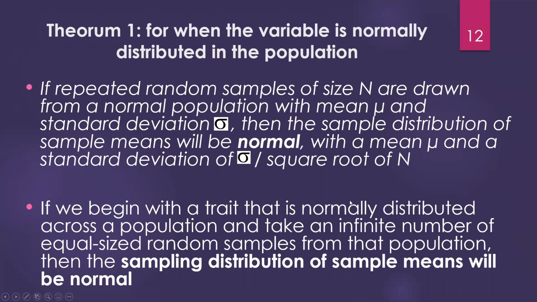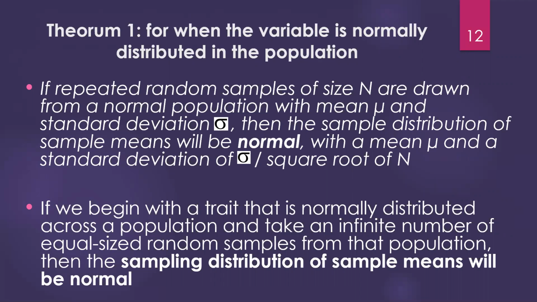This theorem says that if we take repeated samples of size n of some unknown size from a normal population with any mean and any standard deviation, then the sampling distribution of sample means will be normal with the same exact mean as the population and a standard deviation that's not the same as the population, but the same divided by the square root of n.